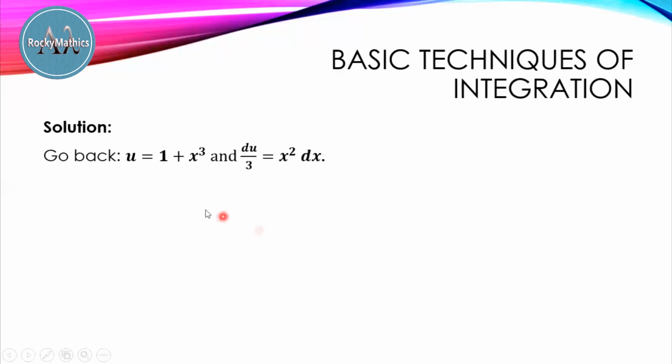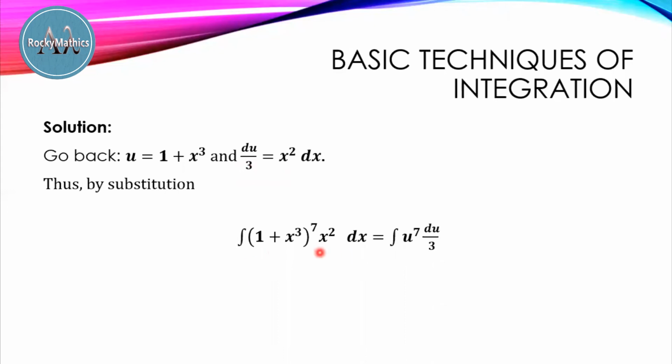Moving on, we go back to our u, which is equal to 1 plus x cubed, and du over 3 is equal to x squared dx. By substitution, we come up with this equation. The original is 1 plus x cubed raised to 7, and we know that this is our u. So we substitute u raised to 7, and we also write du over 3 for x squared dx.